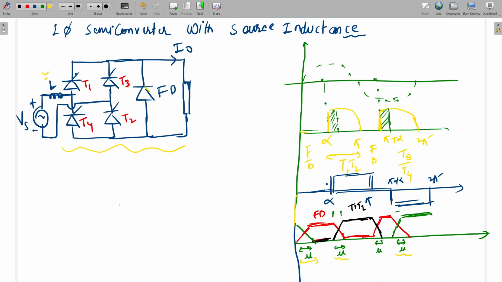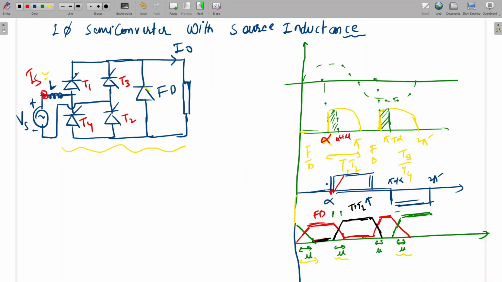And if we see the current, the source current will go from 0 to I naught. In the full bridge converter it was going from minus I naught to I naught, but here it goes 0 to I naught. This is alpha, and this point is alpha plus mu.